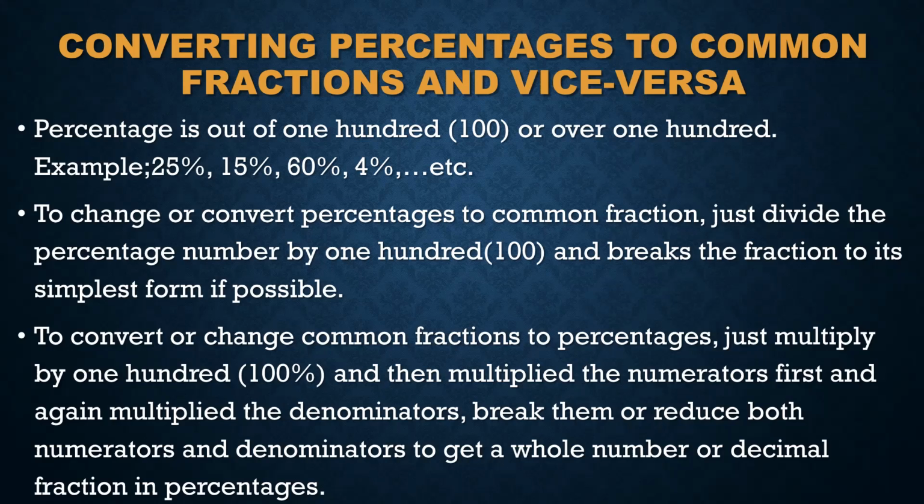So percentage means out of 100. When you say 25%, it means 25 out of 100; 15% means 15 out of 100; 60% means 60 out of 100. That is how percentage works here. Let's quickly solve one more example, and later we come back to how to change common fraction to percentage. Okay, good.